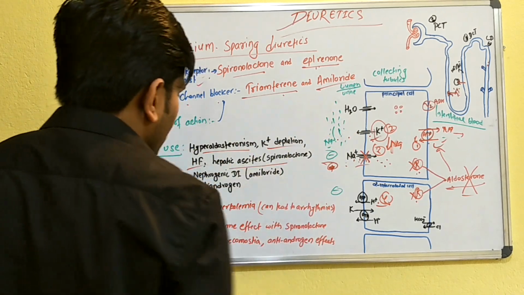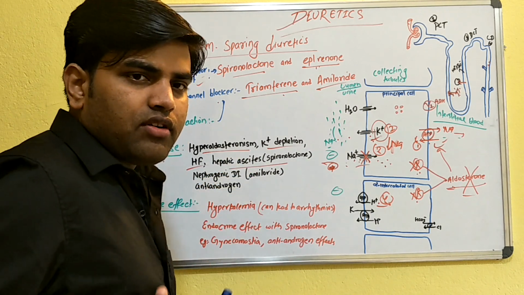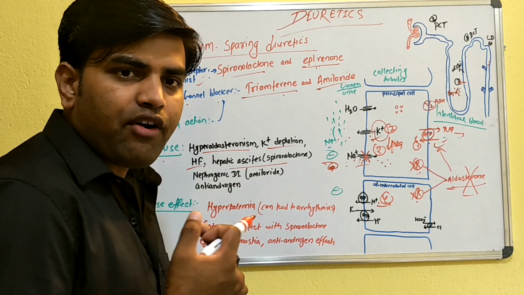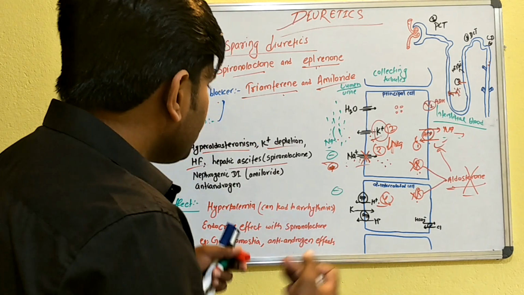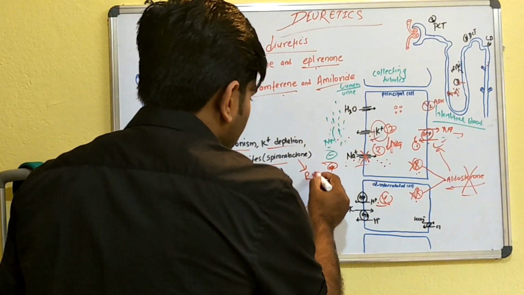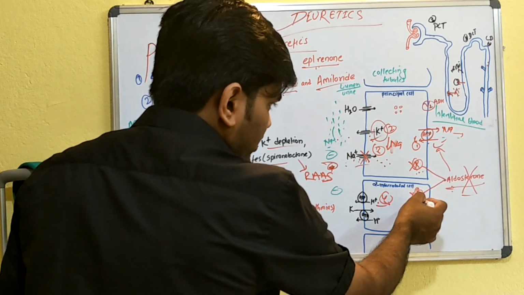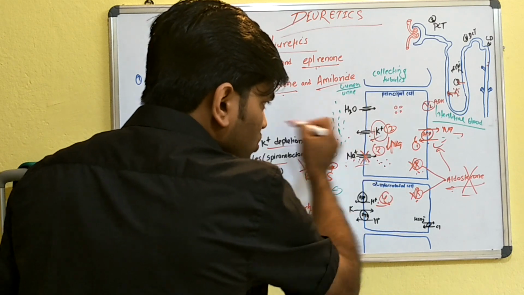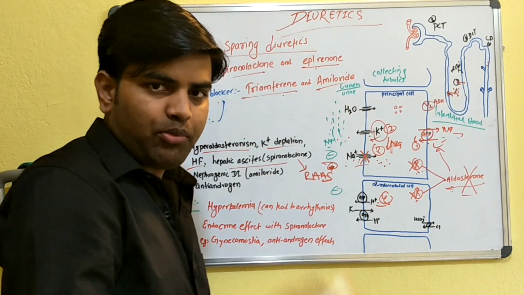Hepatic ascites, that is spironolactone. Look, in hepatic ascites there is a loss of fluid into the peritoneal cavity. There is a lack of blood volume in your blood, so there will be activation of the renin-angiotensin-aldosterone mechanism, RAAS. Since aldosterone is released, aldosterone activity will increase, and that will lead to sodium reabsorption but loss of potassium. And since there is a loss of potassium, that will lead to hypokalemia.